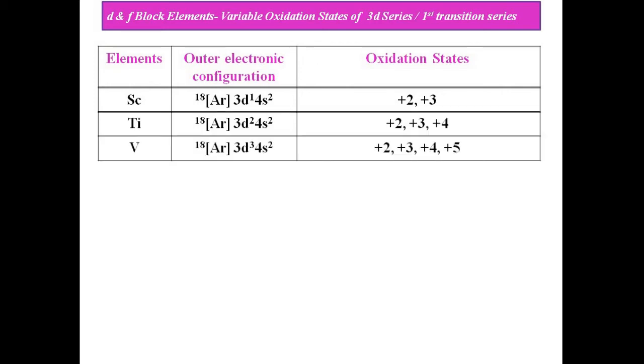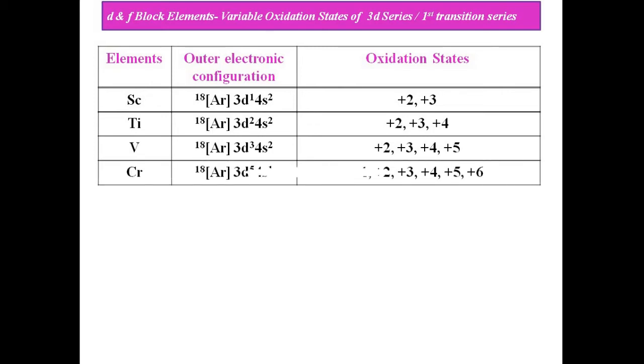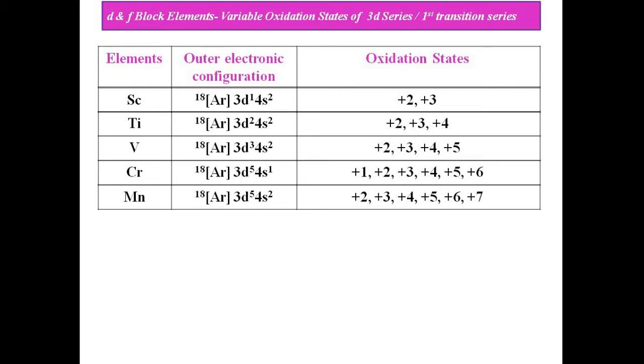Then titanium, +2, +3, +4. Then vanadium, +2, +3, +4, +5. Then chromium, +1, 2, 3, 4, 5 and +6. Then manganese, [Ar] 3d5 4s2, +2, +3, +4, +5, +6, +7.